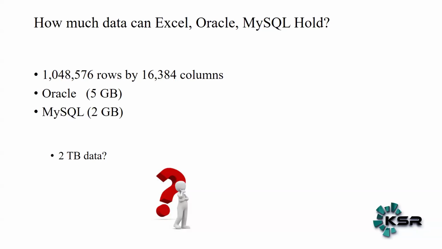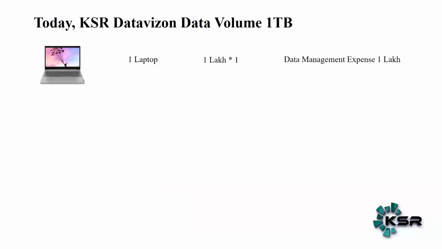Now, in order to solve this, I have a solution. Let's talk about that. Let's assume that as of today, KSR has 1 terabyte of data, and the entire KSR data is managed by me. I'll show you the proof.